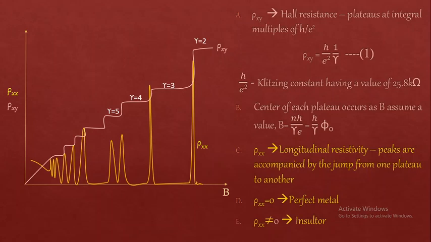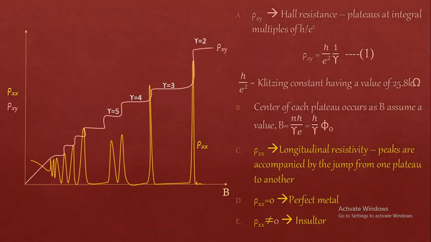Whereas where the peaks are present in this graph, that is rho xx is not equal to 0, we say the material is acting as an insulator, because there is some amount of resistivity present in the material, and whenever resistivity is there, it is an opposition to the flow of current, meaning it is not acting as a metal. We can say it is acting as an insulator, because resistivity is very high, which is shown with a very sharp peak.